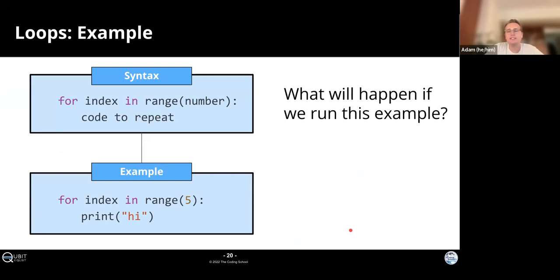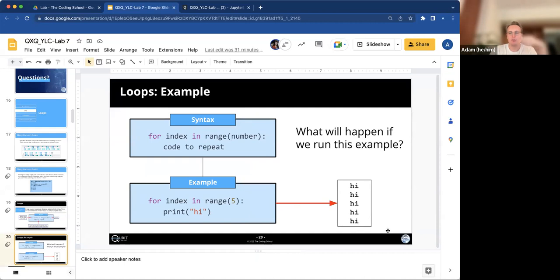So let's look at some examples in order to really start to understand what this does. So again, the general syntax here is provided, and let's look at this particular example. What do you think will happen? I'm curious. Go ahead and say in the chat, what do you think will happen?